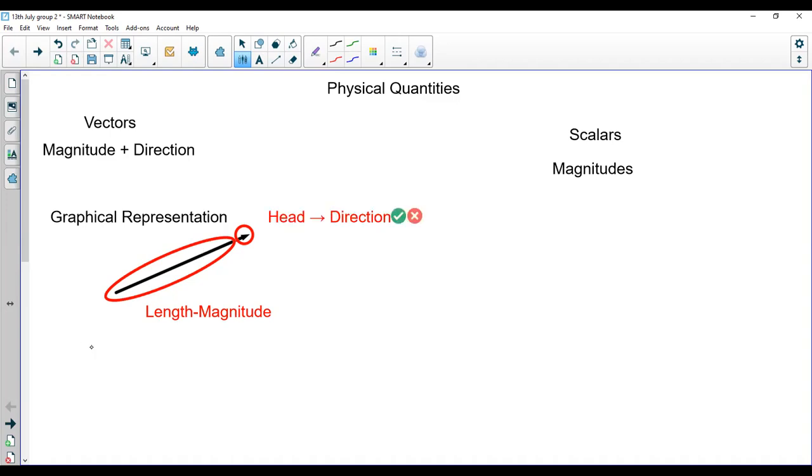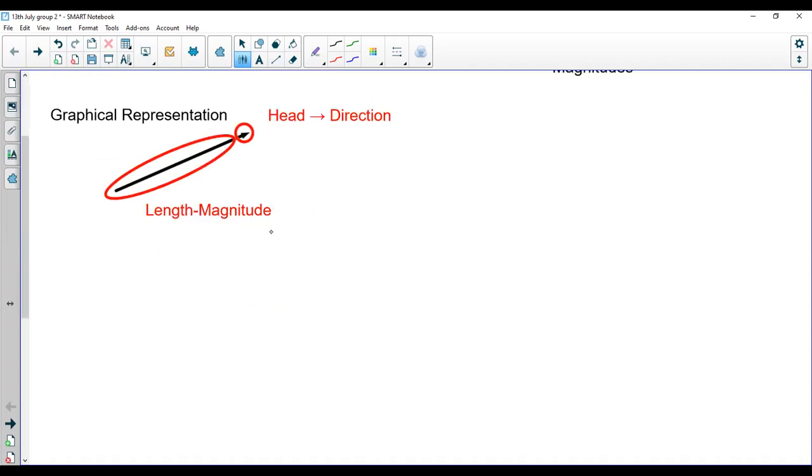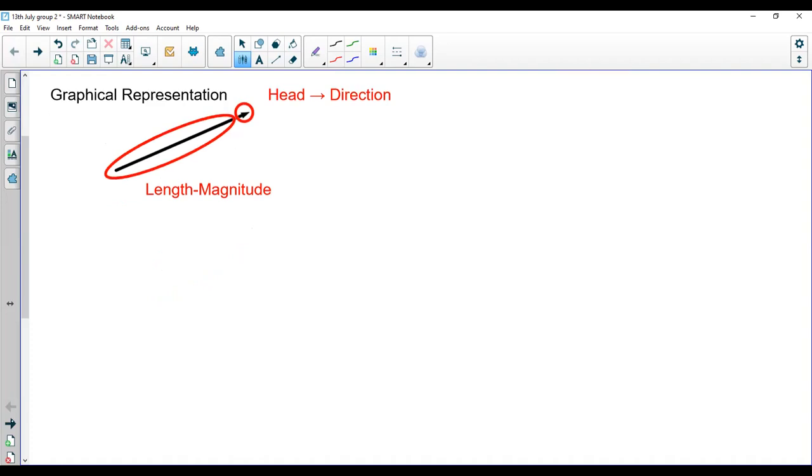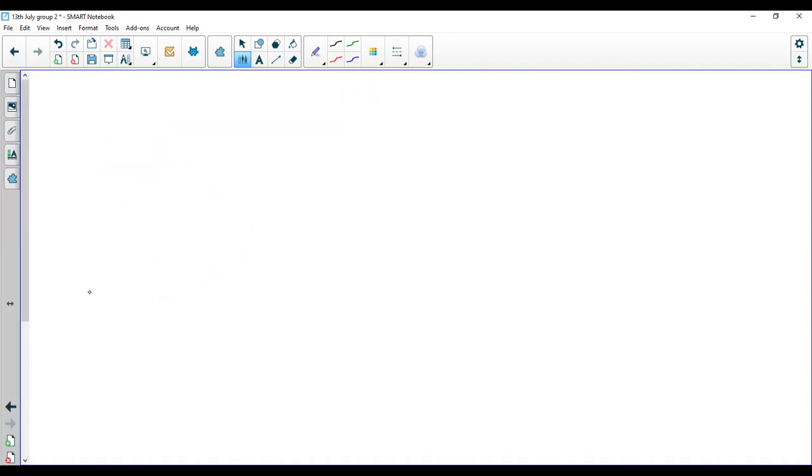But how do we add vectors? Vectors cannot be added like ordinary numbers. I draw it here: we have a box and we are going to push that box.